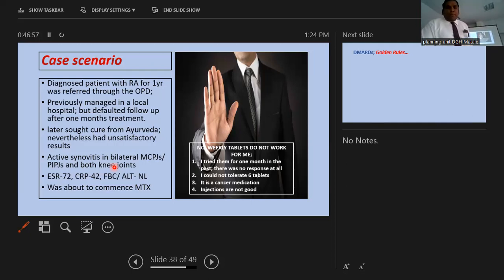If you carefully look at this, the problem is from our management, the prescribers. The fault is with the prescriber here, because he said I tried them in the past for 1 month. You need to adequately explain to the patient that 1 month of methotrexate treatment would not give results.